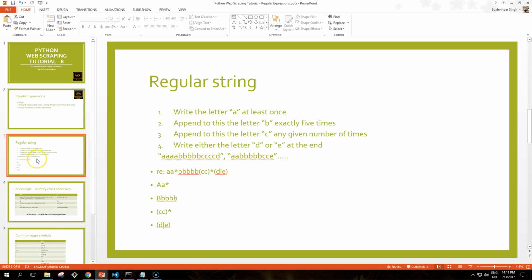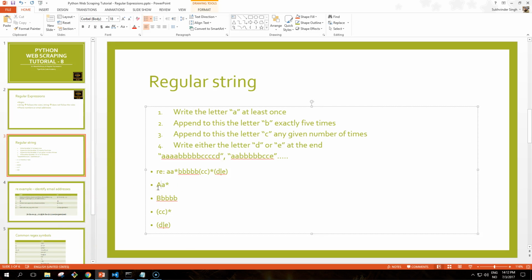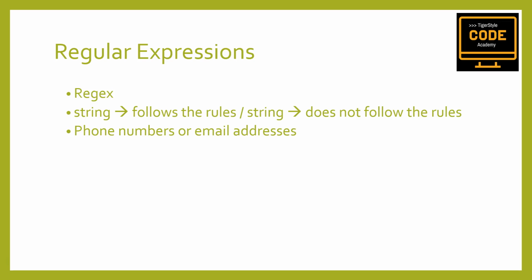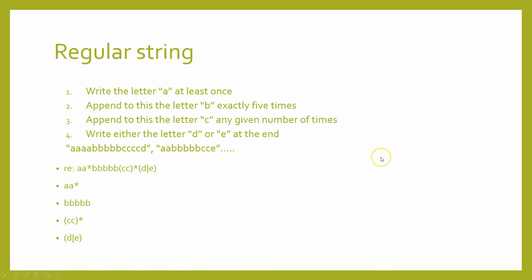So, breaking it down: the letter A is written, followed by A star, which reads as any number of A's, including 0 of them. In this way we can guarantee that the letter A is written at least once.